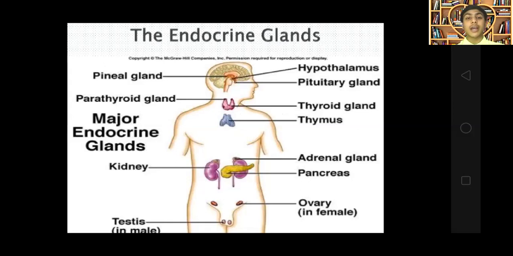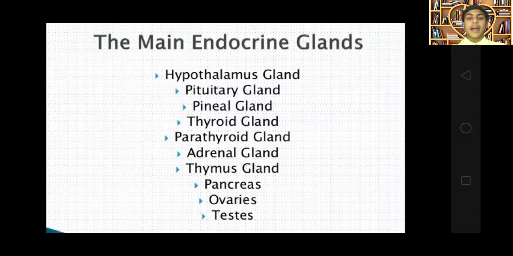These are the major endocrine glands. We'll discuss each and every gland: hypothalamus, pituitary, pineal, thyroid, parathyroid, adrenal, thymus, pancreas, ovaries, and testes. We will discuss one by one.